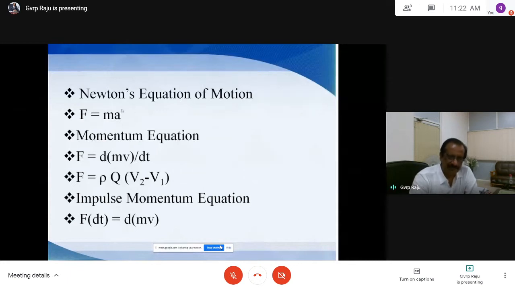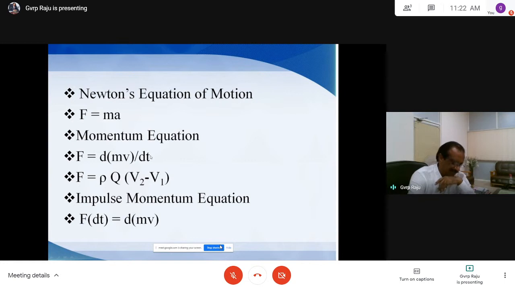The acceleration is dv by dt, and as mass m is constant, you can take it inside. So this is equal to d of mv by dt, the momentum equation. Then what is m into v? m into v is momentum. So d of mv means change of momentum, that is final momentum minus initial momentum, by time.